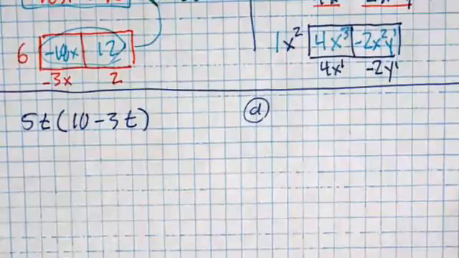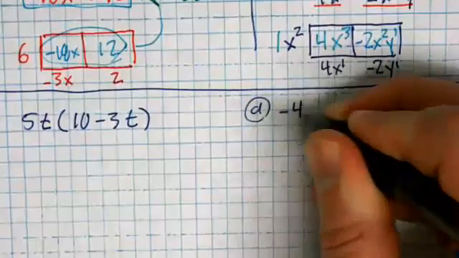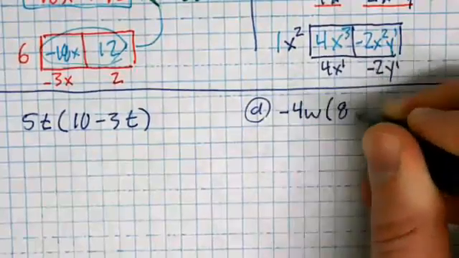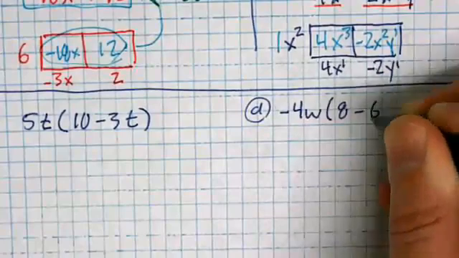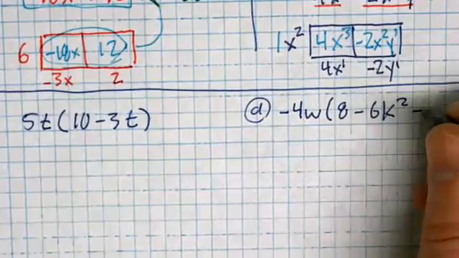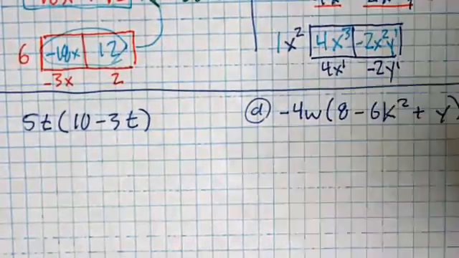And D is, oh my goodness, negative 4w parenthesis 8 minus 6k squared plus y. Wow, that's going to be awesome.